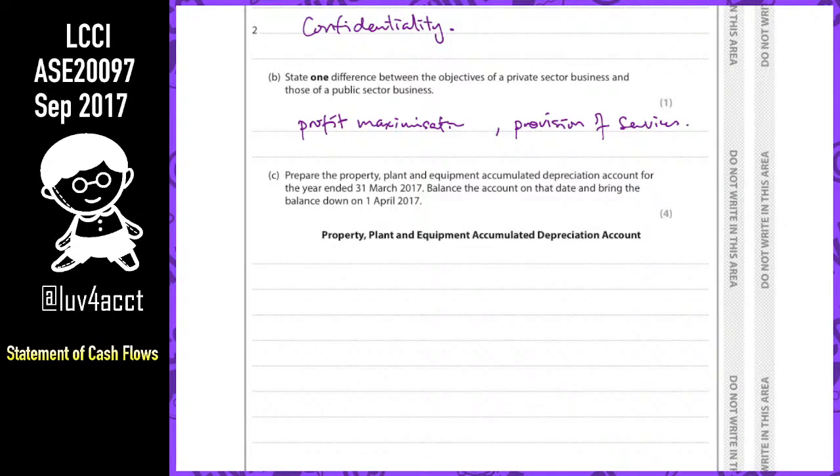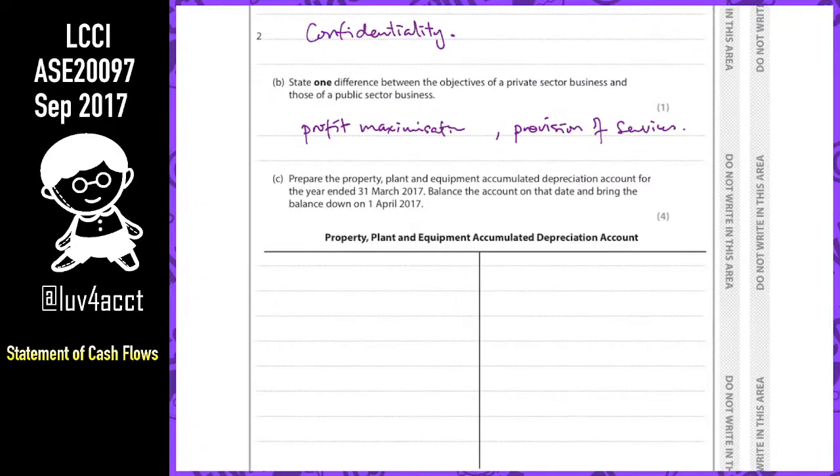Okay, so our year start is on the 1st of April year 2016. Accumulated depreciation is on the credit side, so year 2016, 1st of April, the balance. So usually we have disposal, we have current year depreciation, and then closing balance.